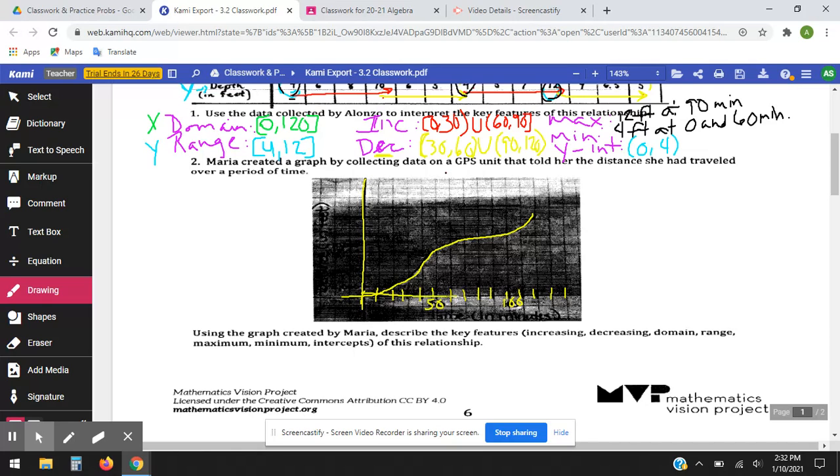Here is our axis, and she has this starting at 2,000 distance. This is our distance, and this is our time. So 2,000, 4, 6, 8, here's 10,000, and then 12, 14, 16.